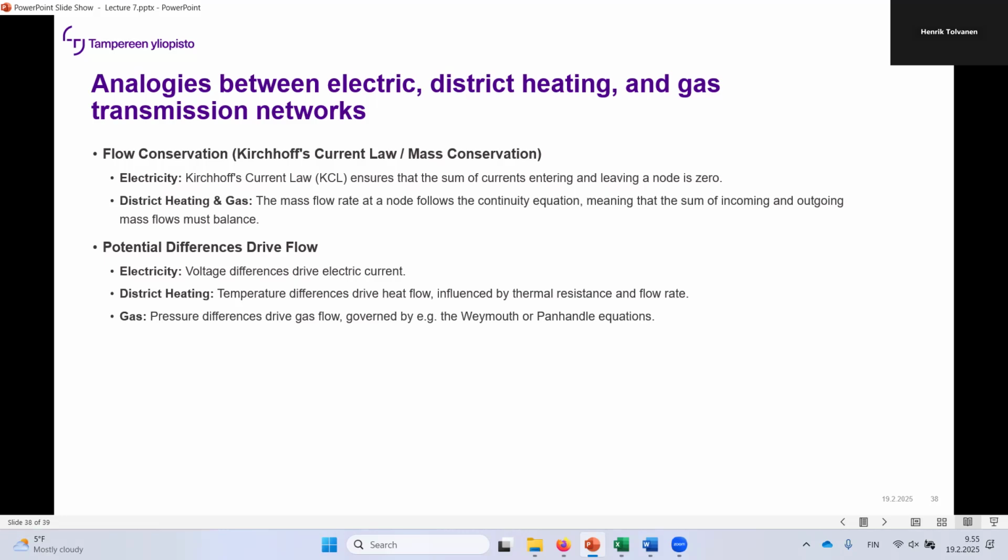Potential differences drive flow. So electricity, voltage difference drives the electric current. Temperature difference drives heat flow, and also the pressure difference in this district heating system makes the flow in the system, but the power flow is based on the temperature difference. In the gas systems, as in the district heating system, the pressure difference drives the gas flow.